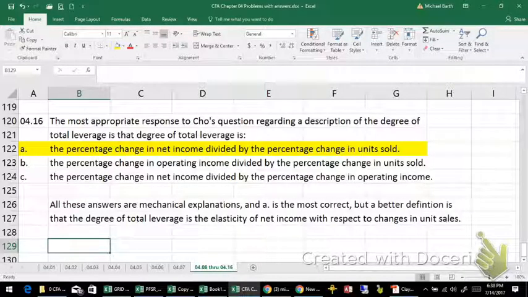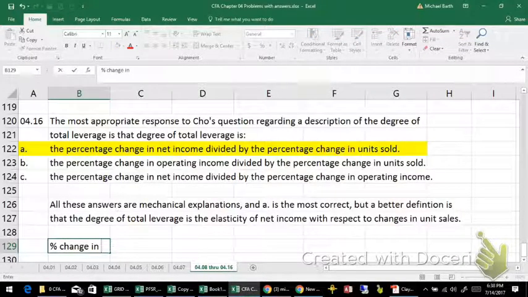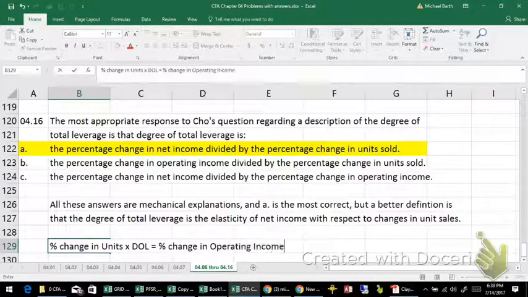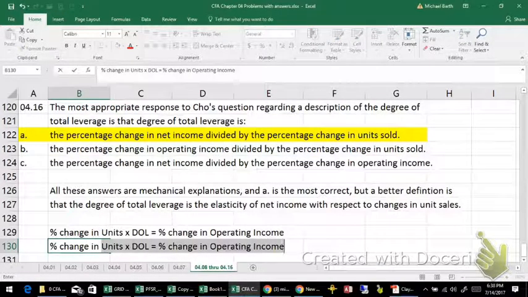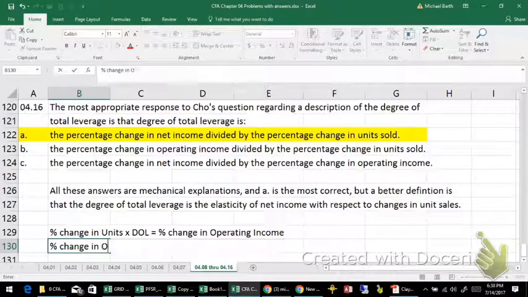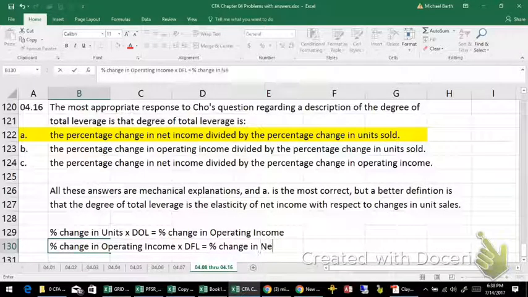But we know that if you took the percent change in units times the DOL, that would give you the percent change in operating income. If you took the percent change in operating income times the DFL, that would give me the percent change in net income.